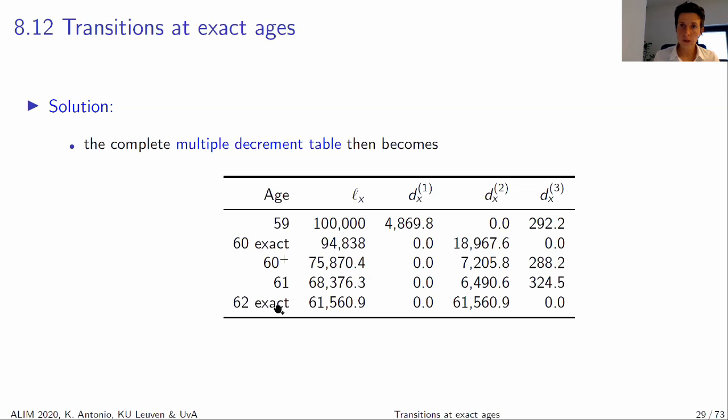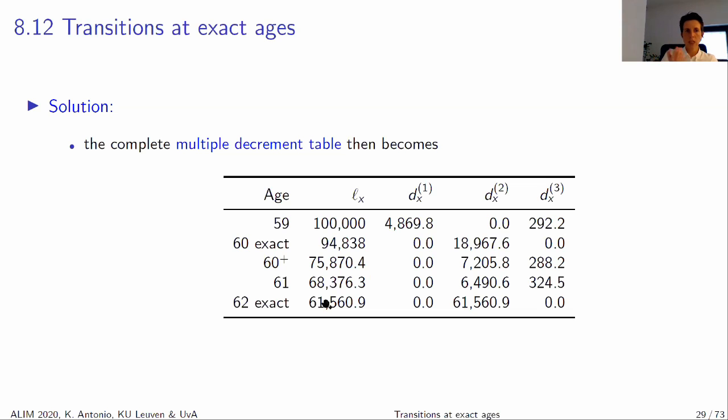And what I know now is that there is again a transition at an exact age, namely from all the people who are still active with the company at age 62, they will retire immediately at that age. So that's why I've got the DX2 here, which is equal to the number of people who reach the exact age of 62.